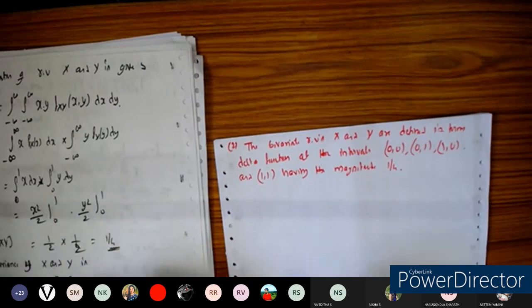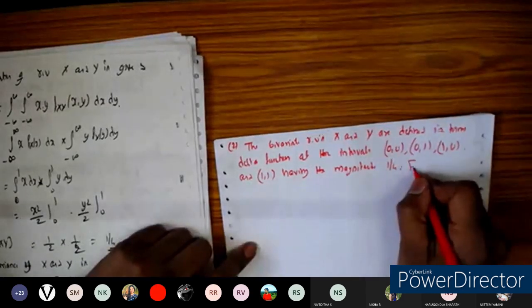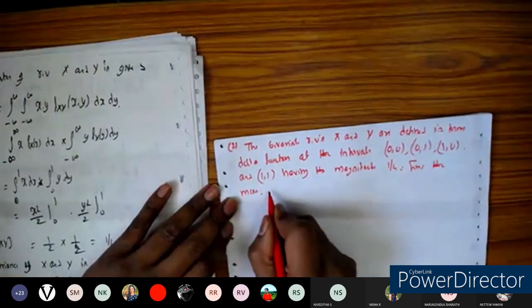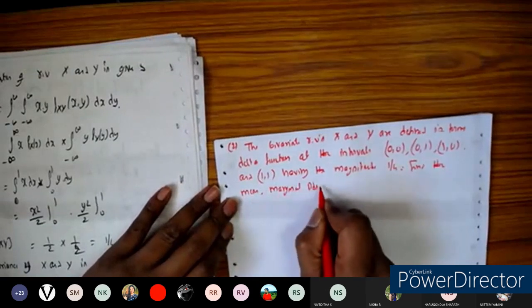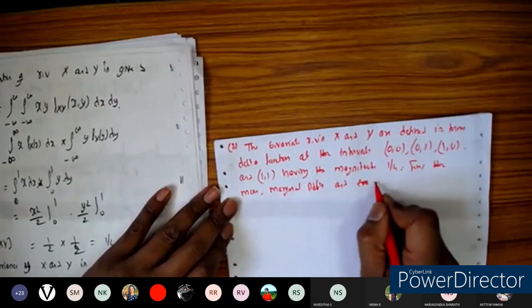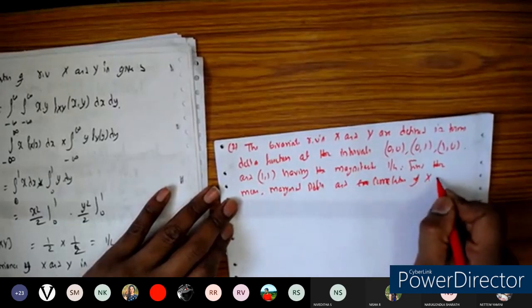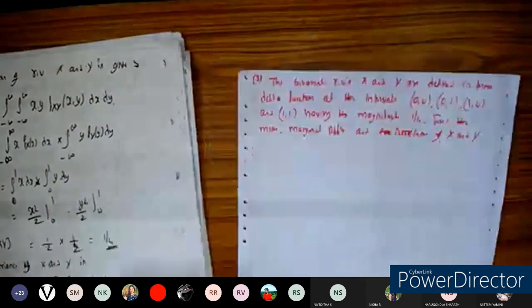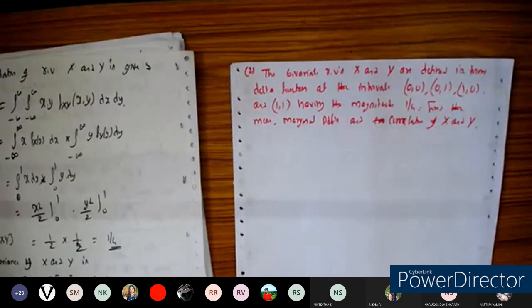Find the mean, marginal PDFs and correlation of x and y. Okay, correlation of x and y.